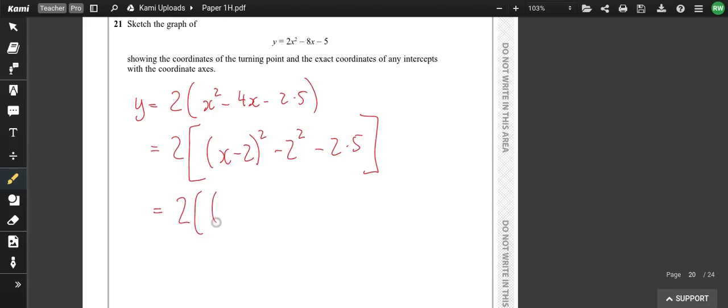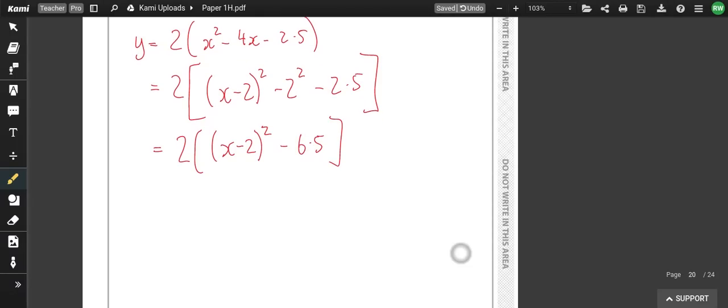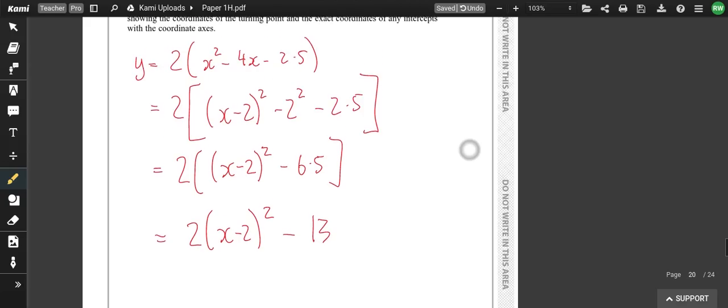2 brackets (x minus 2) squared. So minus 4 minus 2.5 is minus 6.5. And then I multiply that out to get 2(x minus 2) squared minus 13. So I've times 6.5 by 2.